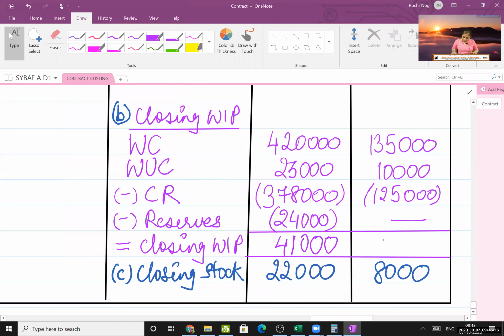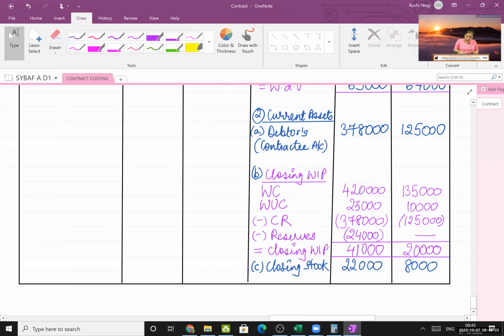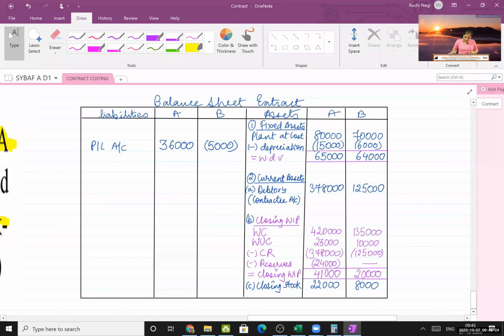So 20,000. Right here, 20,000. Second effect of closing stock will come in the balance sheet asset side. See, this is how a balance sheet is presented for construction companies, AS 7 contract account.